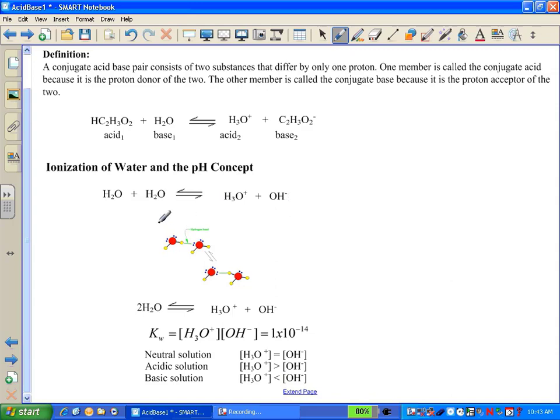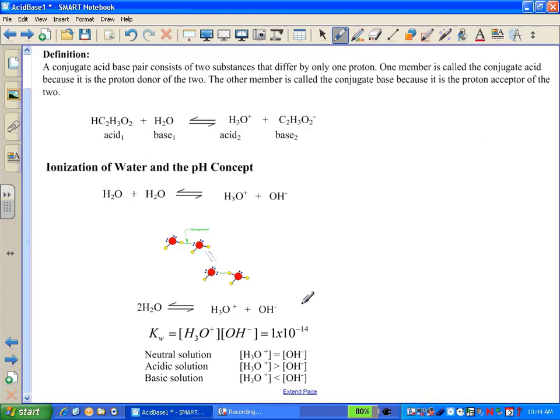And this is because water molecules, being amphoteric, have the ability to both accept and donate protons. And when water molecules interact with one another, they produce the H3O plus and hydroxide ions in the solution. I'll do a demo for you next class that'll show you that in actual fact there are ions in the solution.